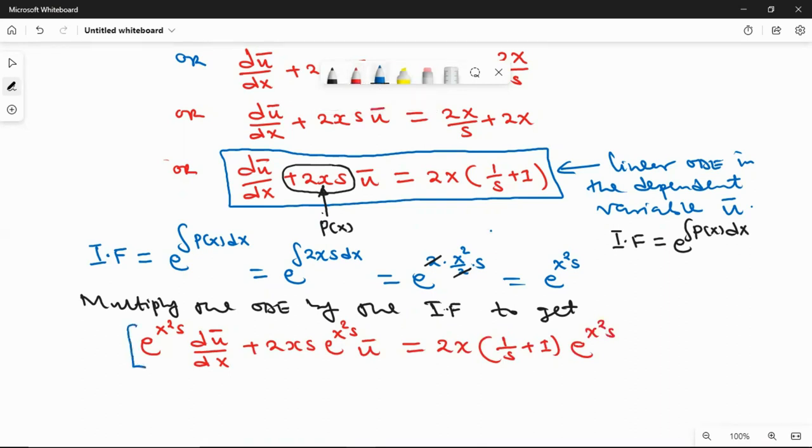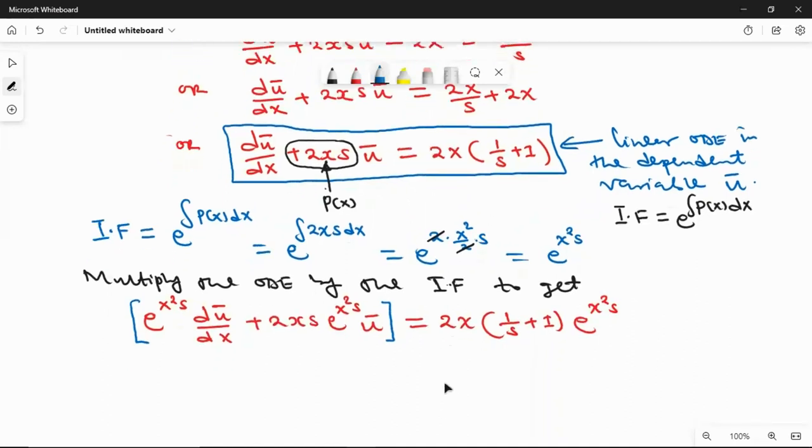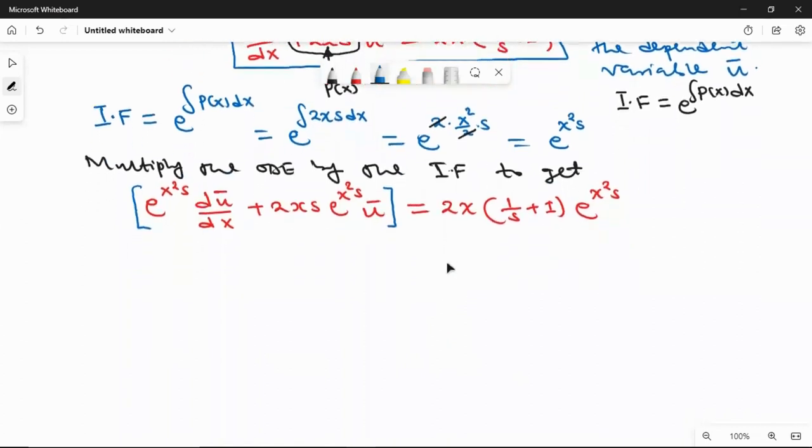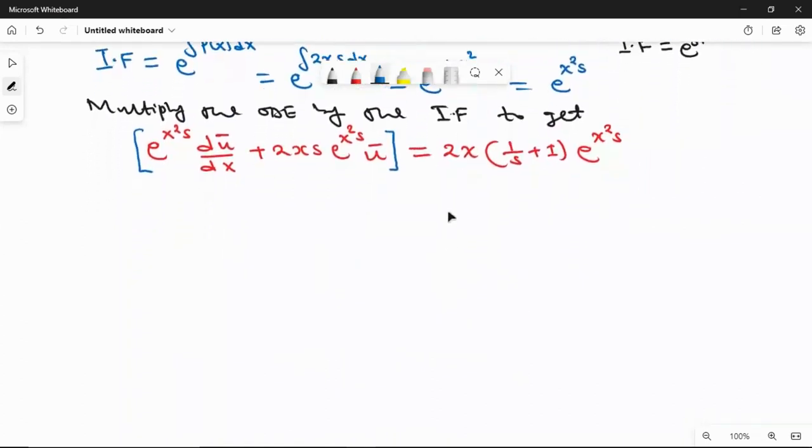Look at the left-hand side of this equation. That can be grouped as the derivative of the dependent variable and the integrating factor, of course derivative with respect to the independent variable. Our independent variable is x, of the product of the dependent variable, which is u bar, and the integrating factor, which is exponential x squared s.